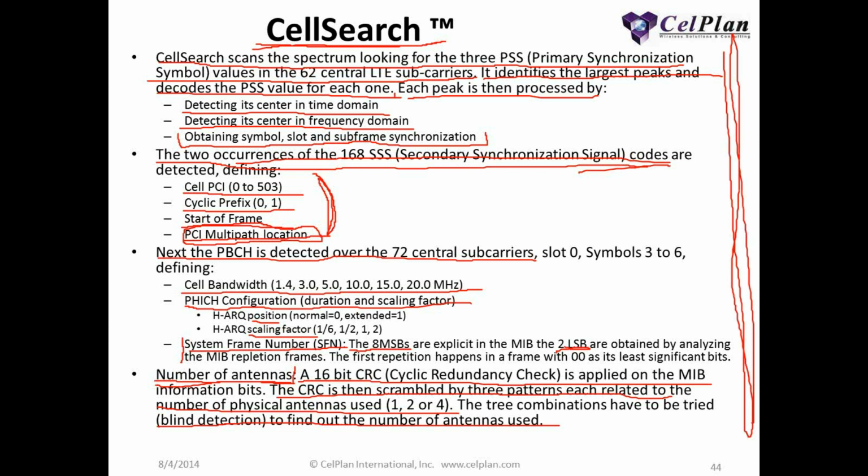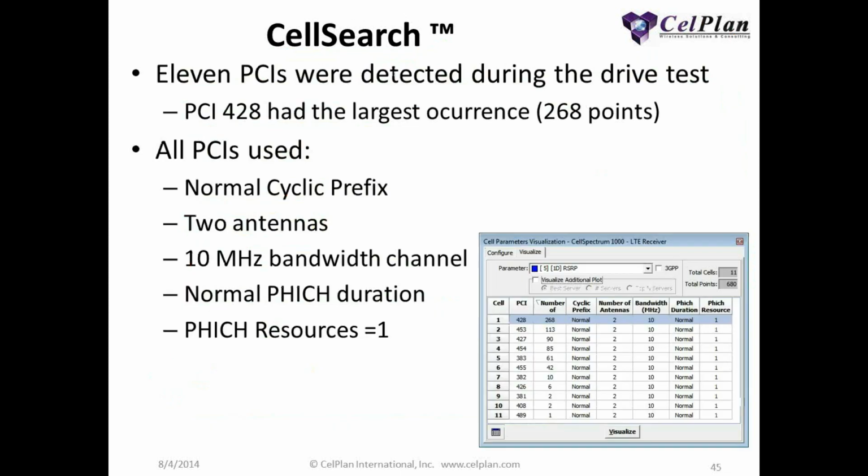The device that you use has to do it once and then it stays in this channel. We have to do it at every single point that we are measuring. We'll talk more about this as we go along. So in this live test that I showed you, CellSearch found 11 PCIs. And those PCIs are listed here.